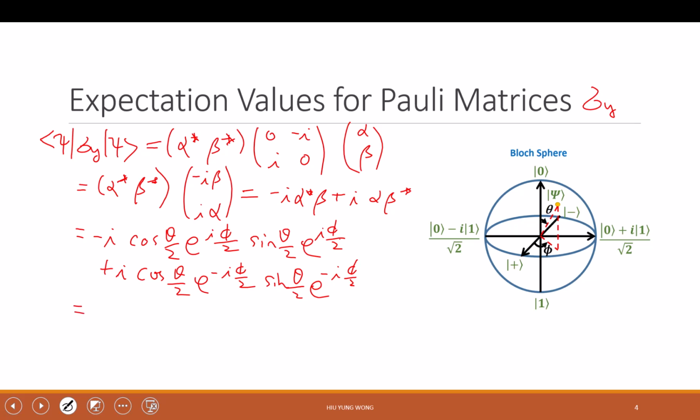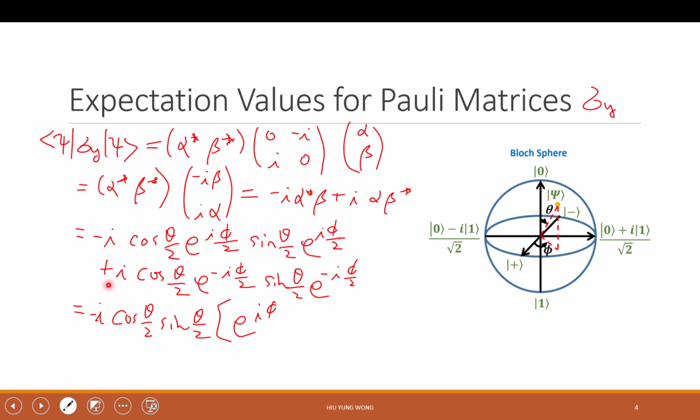So I'm going to take out, maybe i, maybe negative i. How about take out negative i? Cosine theta divided by 2, sine theta divided by 2. So this is what I've done. I took out negative i, cosine theta divided by 2, sine theta divided by 2. The first term is e to the power i phi, right? Because I have e to the power i phi divided by 2 squared.